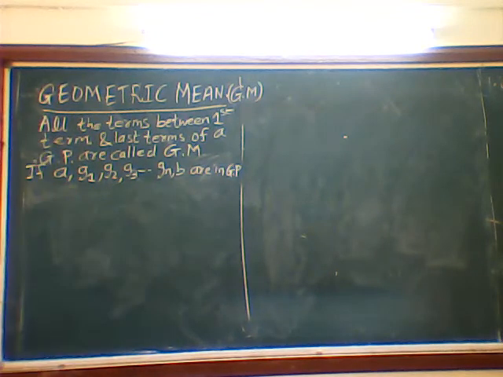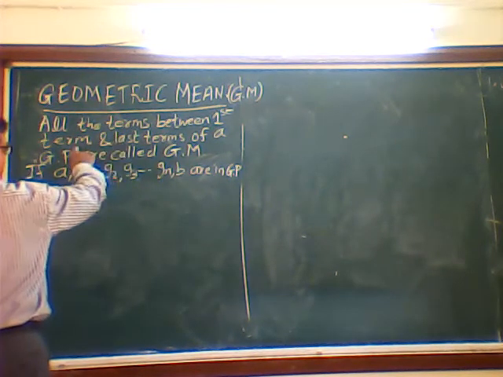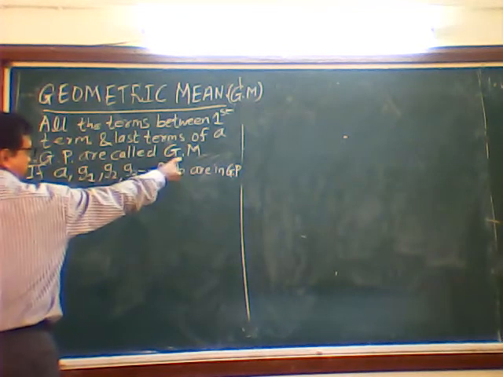I'll repeat it again. All the terms between the first term and the last term of a GP are called geometric means.